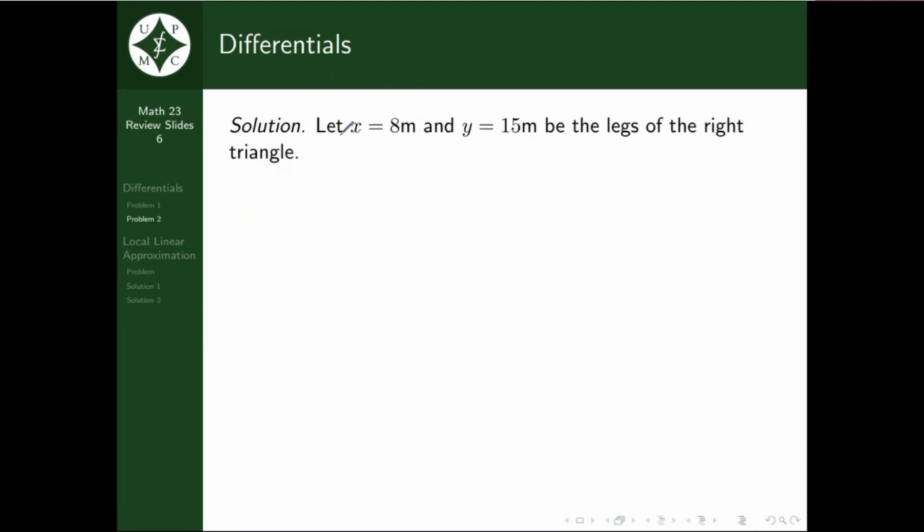So we first let x and y be the legs of the right triangle. So we let x be equal to 8 meters and y be equal to 15 meters. So we need to take note that we can express a function of h. We can let h be the hypotenuse so that h is a function of x and y such that h is equal to the square root of x squared plus y squared.